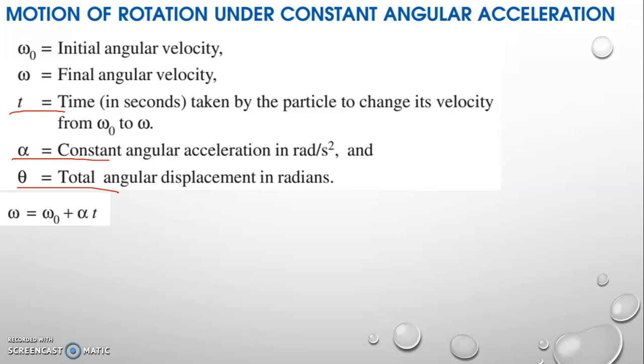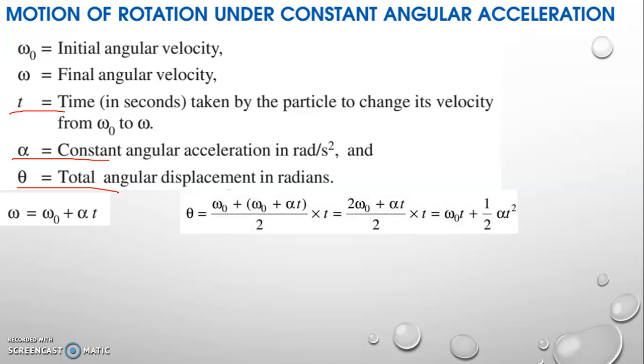Second, s is equal to ut plus half at square, and for that we will be using theta is equal to omega naught t plus half alpha t square. And the third equation is v square minus u square is equal to 2as, which here we will write as omega square minus omega naught square is equal to 2 alpha theta.